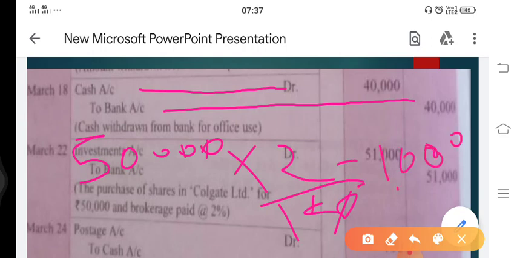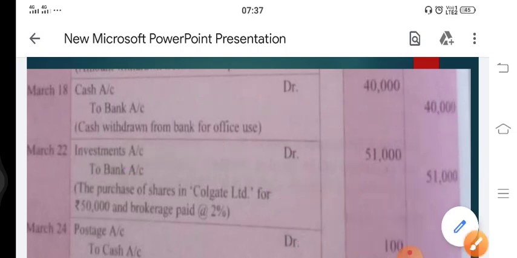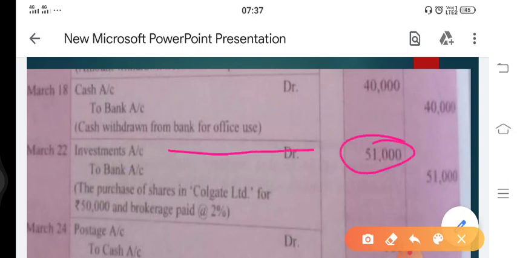So 50,000 of investment plus 1,000 of brokerage. The total amount that has to be paid to acquire that investment will be 50,000 plus 1,000, that comes to 51,000. So 51,000 should be the amount that we can see here. Investment account debit 51,000 to bank account 51,000.